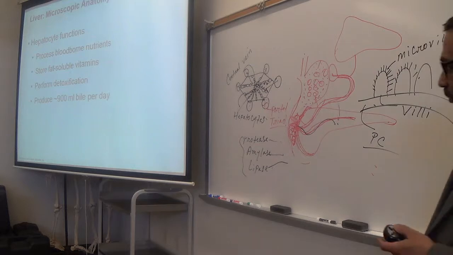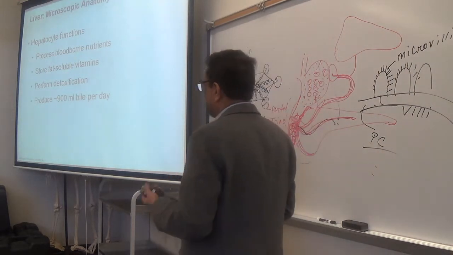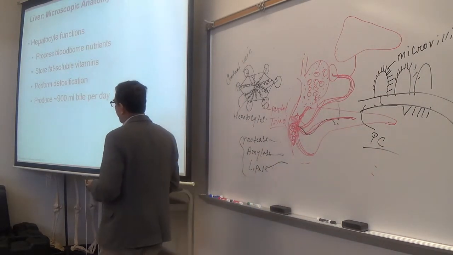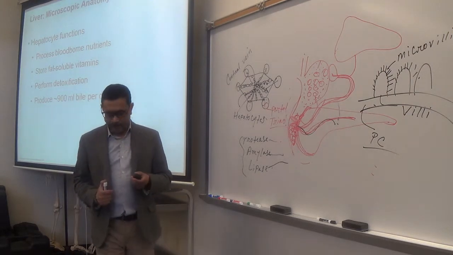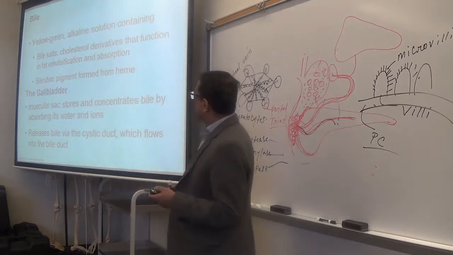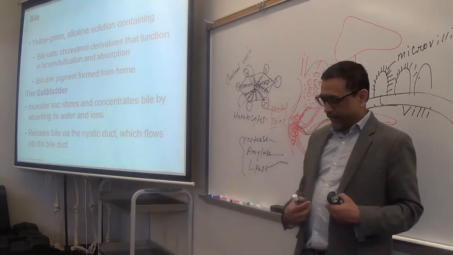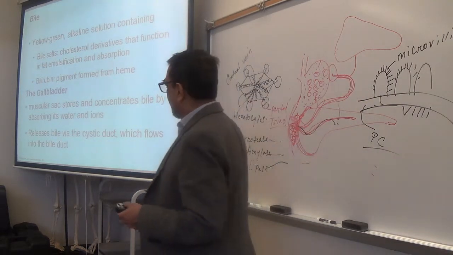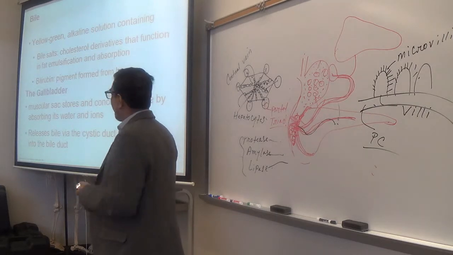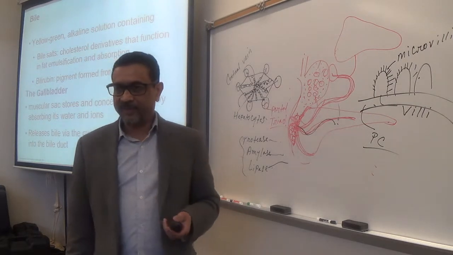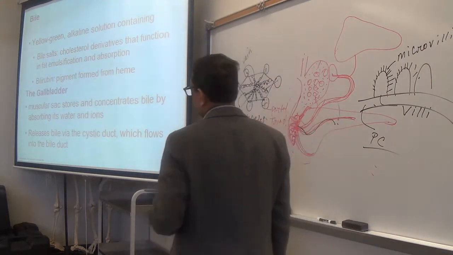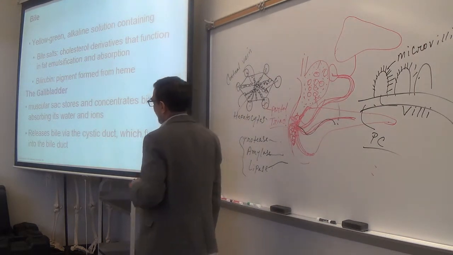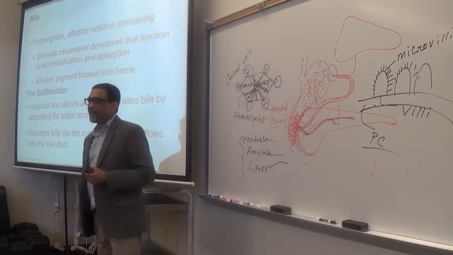And it stores it. So the liver produces or secretes bile, and the gallbladder concentrates and stores bile. Bile is a yellow-green alkaline solution or secretion that contains bile salt and bilirubin, those two things.